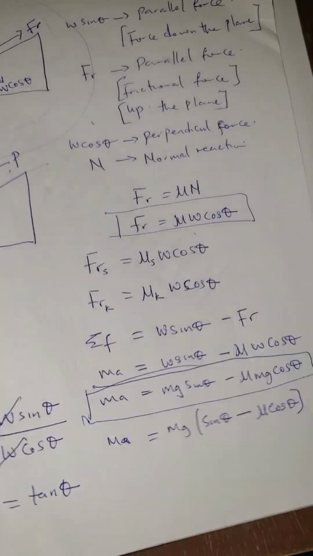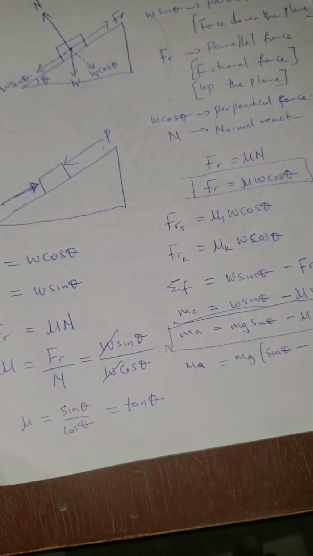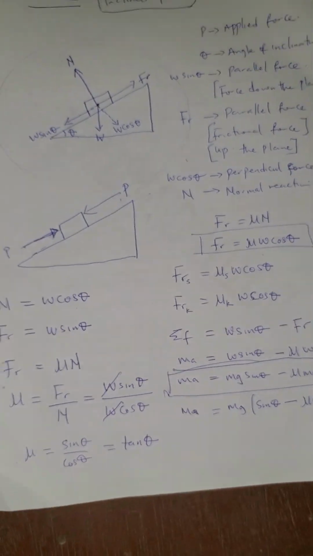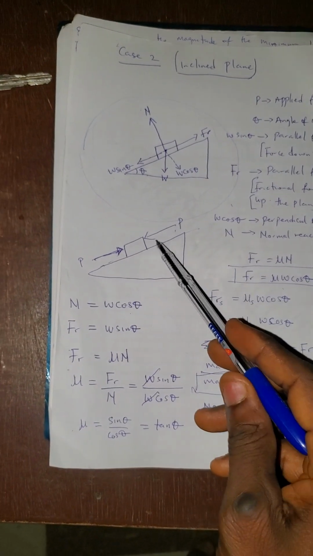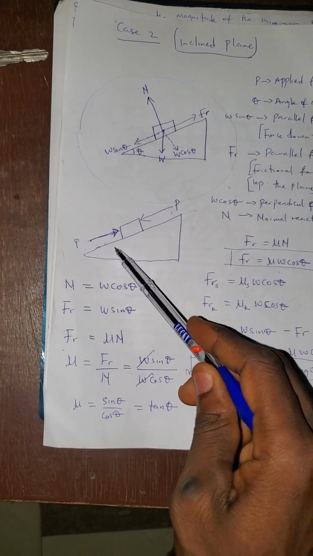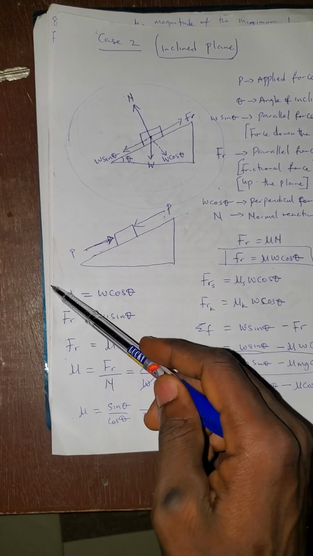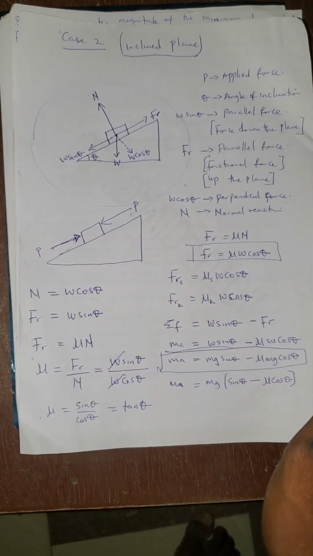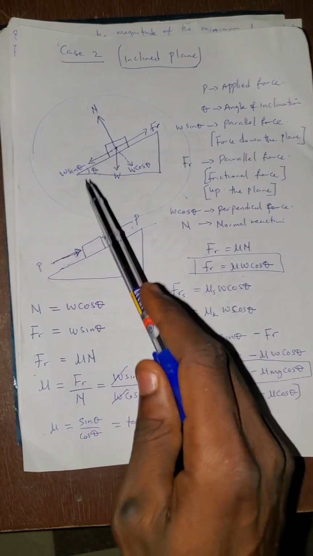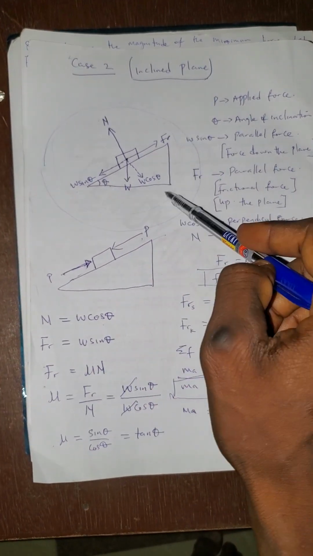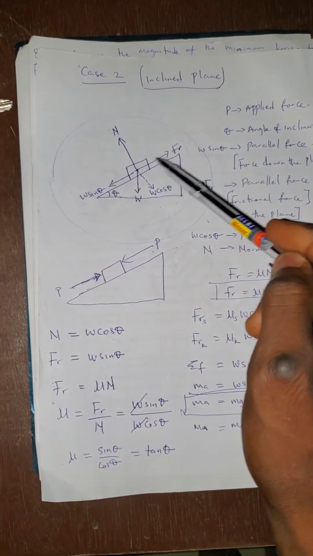And don't forget, when I was explaining the formula the other time, I told you that whenever there is a required force, you should put it. It is either push or pull, either they push it in this direction or in this direction, so it depends. But in the structure I drew for you in the first case, there's no required force.